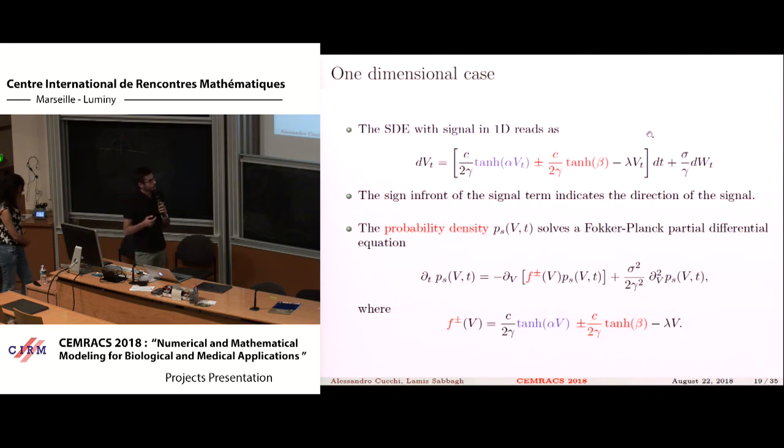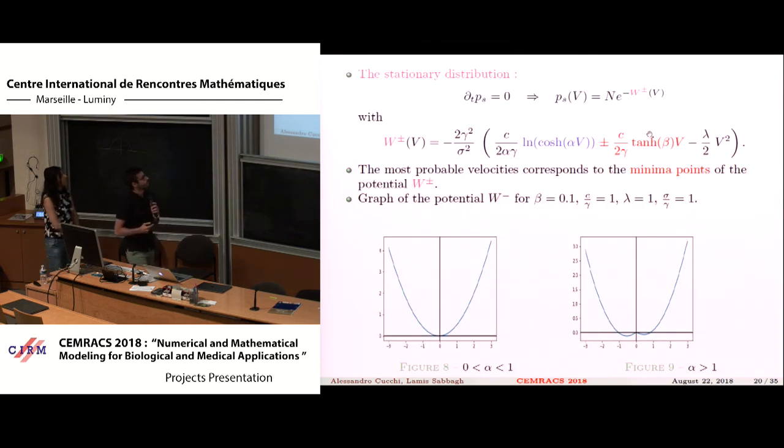So as before, if we define by P the distribution density of the velocity, we can show that this P solves a Fokker-Planck partial differential equation, where the signal term appears in this function F plus-minus. We can also, as before, obtain the stationary distribution, where we obtain this formula that is the new potential that takes into account the signal term that is linear with respect to V.